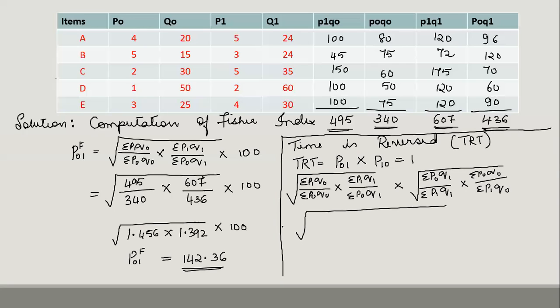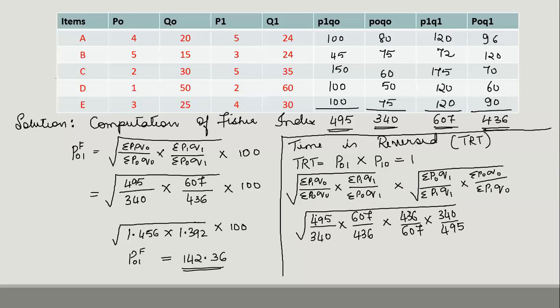Take one square root only because it is in the product form. We substitute the values, which you have already written here. So 495 divided by 340, into 607 divided by 436, into the reverse: summation P0 Q1, which is 436, divided by summation P1 Q1, which is 607, into summation P0 Q0, which is 340, divided by 495.